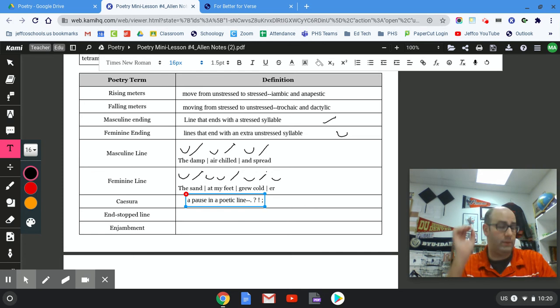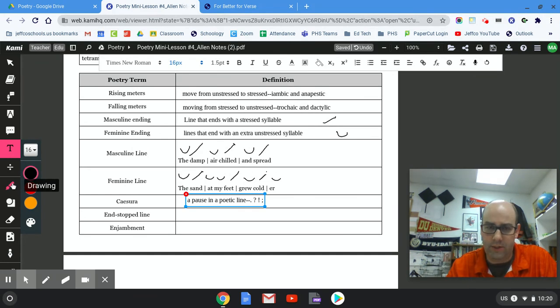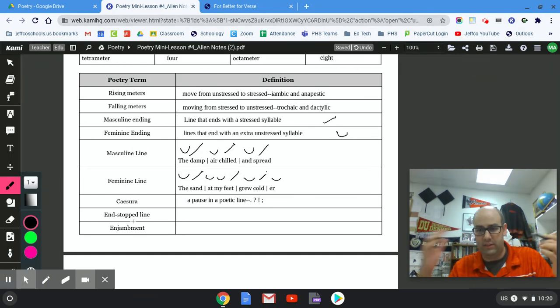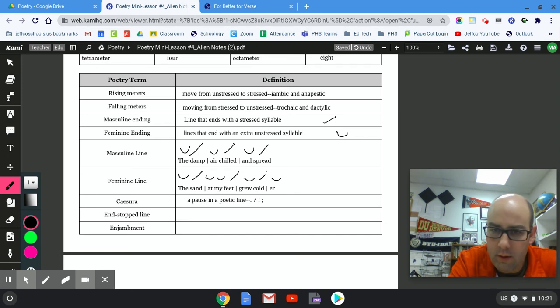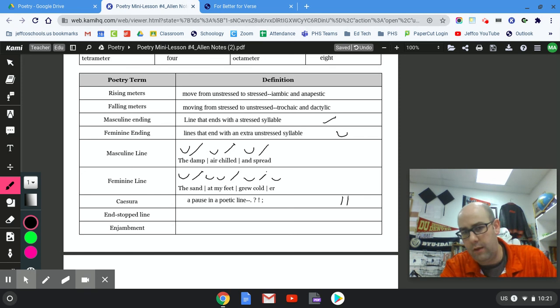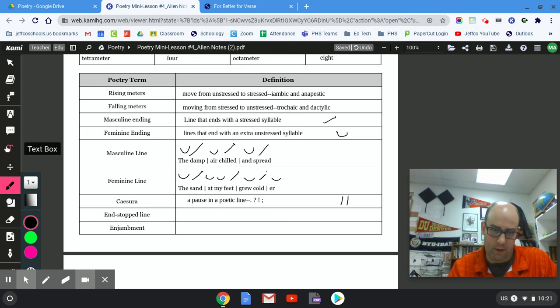Because semicolons, because of the way they work, they act as end punctuation. They act as a stop, right? And when we mark a caesura, we're going to put two up and down lines to show that there's a caesura there. And that's how you mark a caesura. You're probably not going to do that very often.